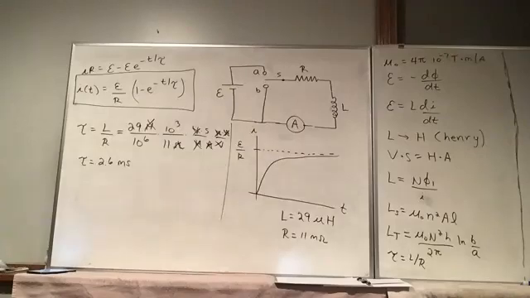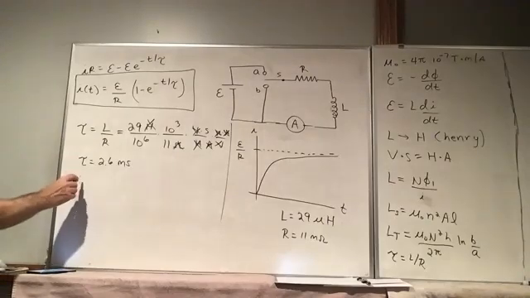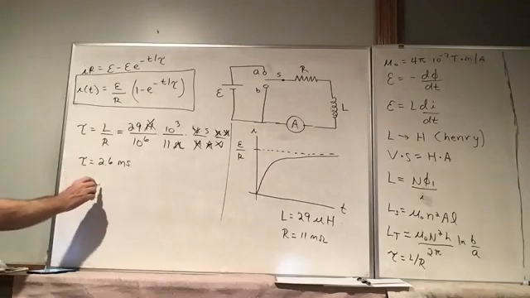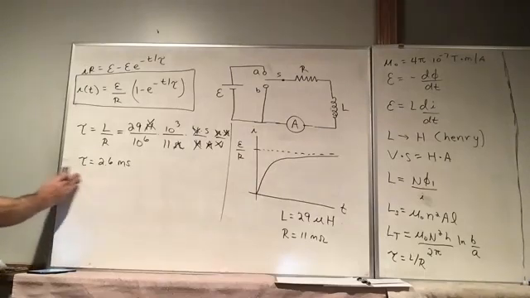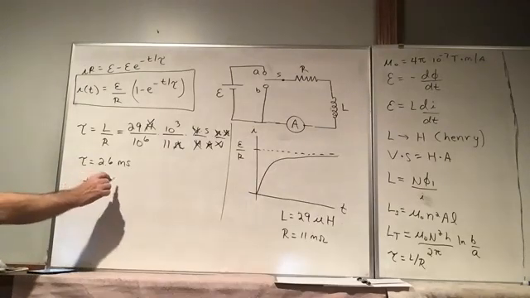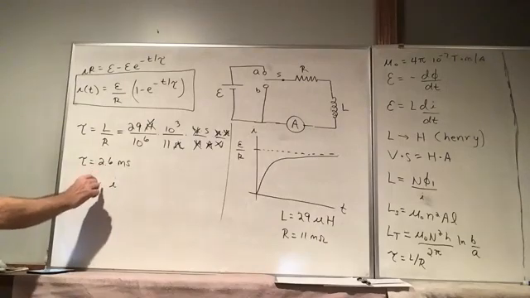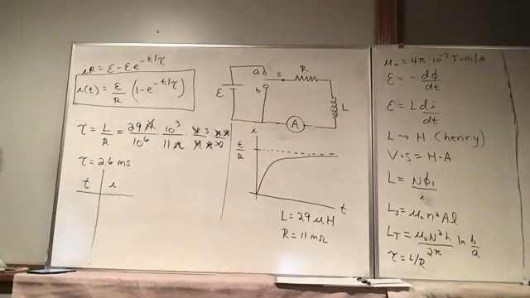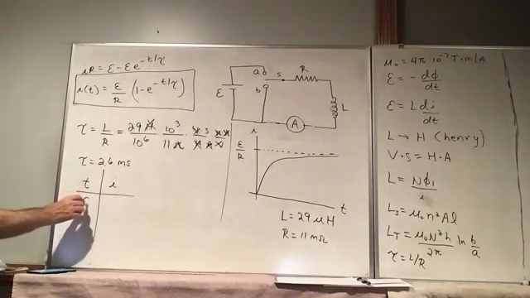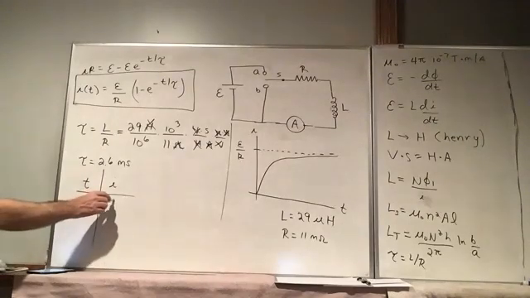So let's look at what we should expect for the current anyway. Let's plot the current as a function of time. Okay, so current as a function of time. At 0, the current is 0.